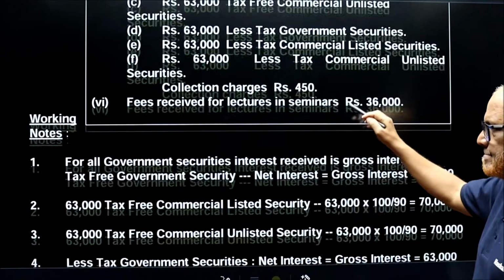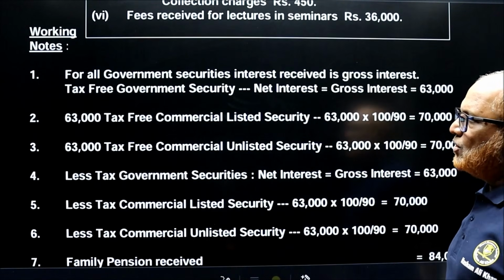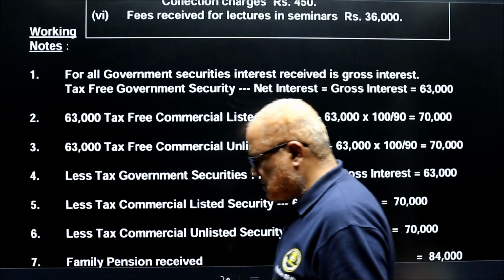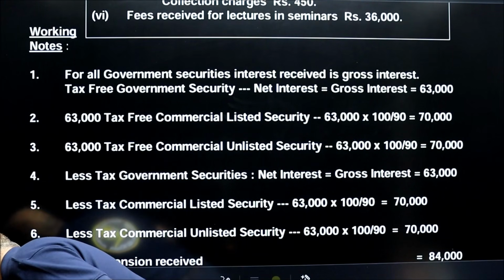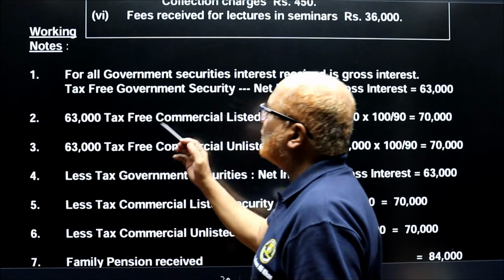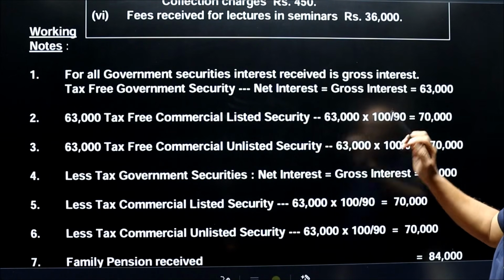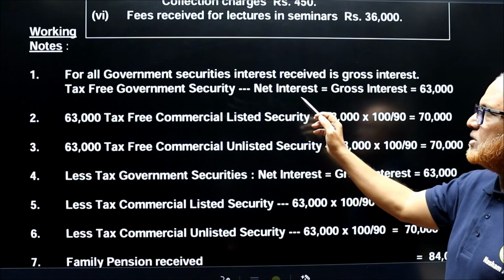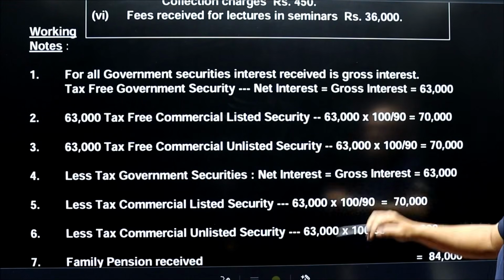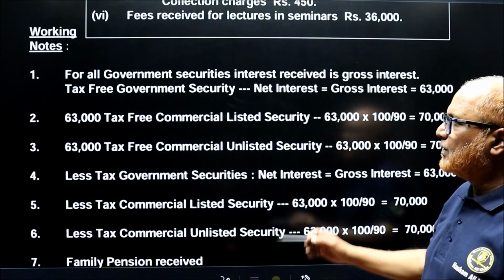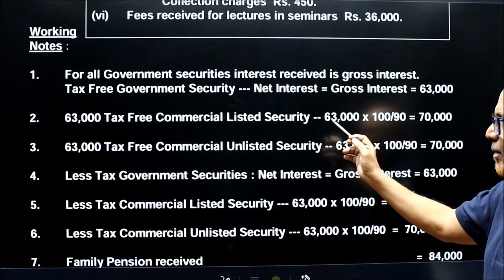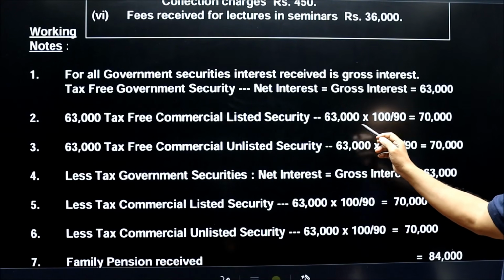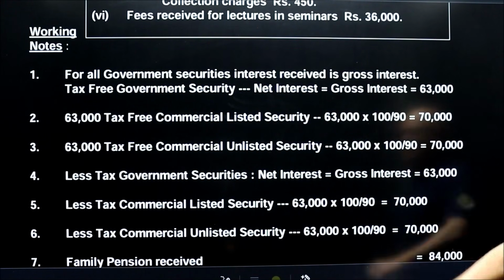Now, first of all, working notes for all government securities. For all government securities, interest received is gross interest. So tax-free government security net interest is equal to gross interest 63,000. Just now I told you 63,000 tax-free commercial listed security. So 63,000 into 100 by 90 is 70,000.